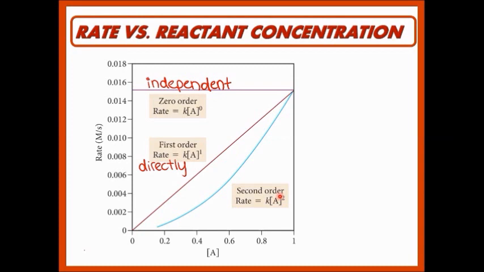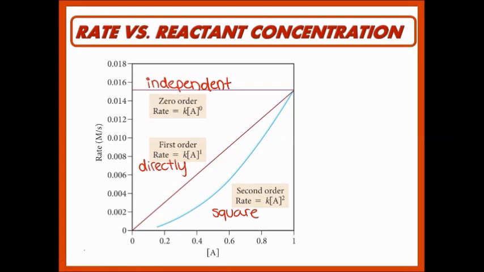Finally, if we take a look at a second order reaction where rate is equal to k times the concentration of a reactant raised to the second, we can see an exponential increase in rate as concentration increases. So for a second order reaction, the rate is proportional to the square of the concentration of the reactant.